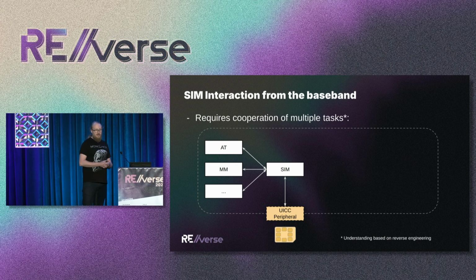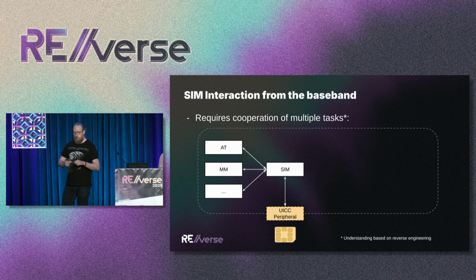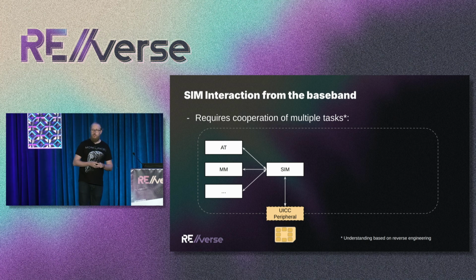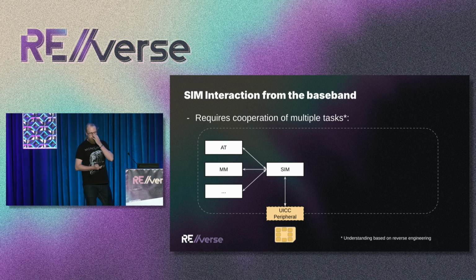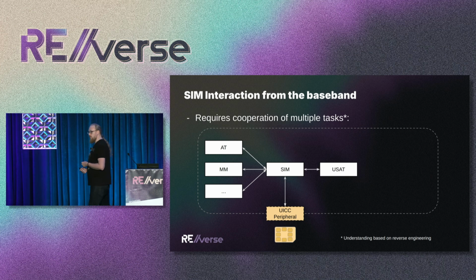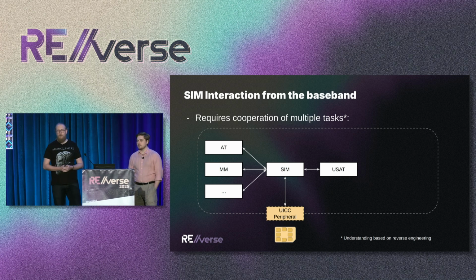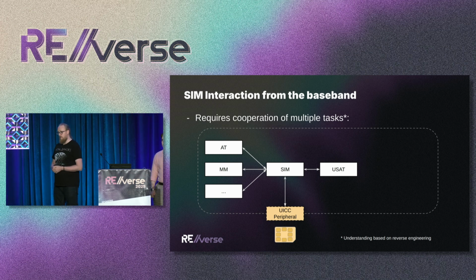The SIM task then communicates with the UICC peripheral. This is a physical small peripheral on the die, which is connected to basically the SIM slot where you push in your SIM card. Then the SIM task also communicates with the USAT task, the universal SIM application toolkit task, which implements all the parsing of the proactive commands Tomasz just told us about.